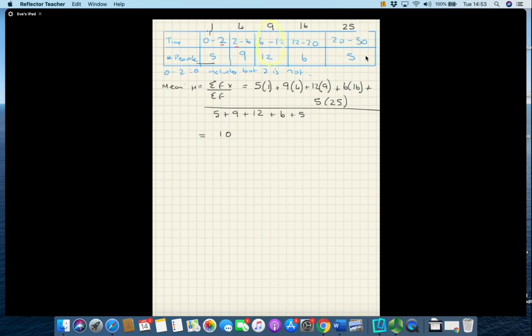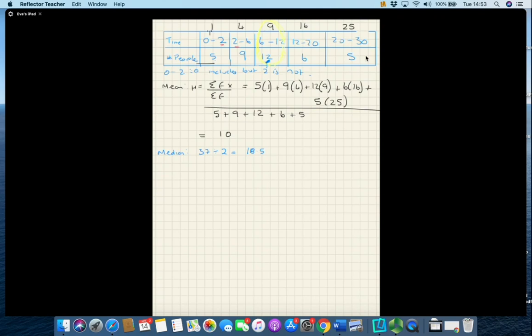Okay, now in which class interval does the median lie? Well, I have 37, so 18 and a half is halfway. So 18 people: 9 and 5 is 14, 15, 16, 17, 18. So that's going to lie in there as well.